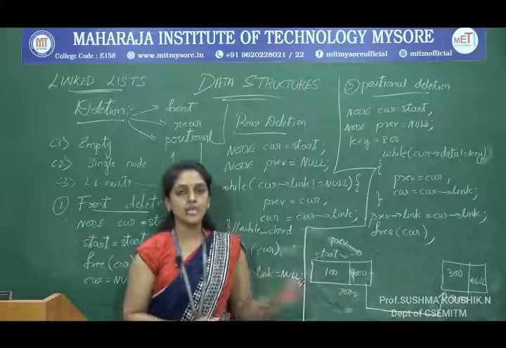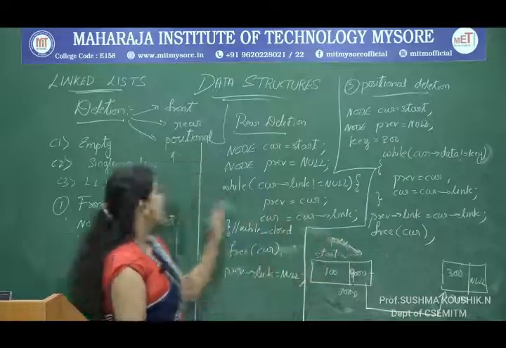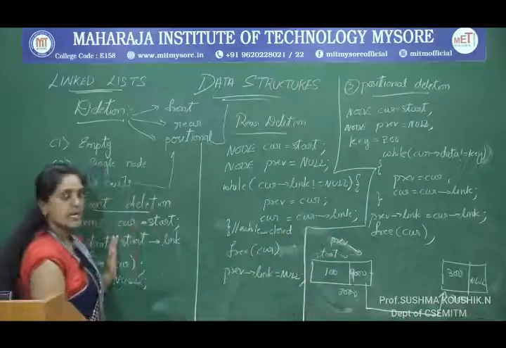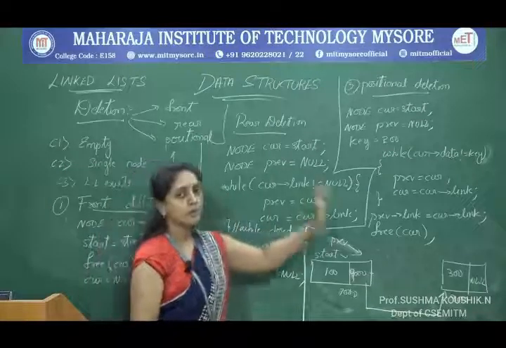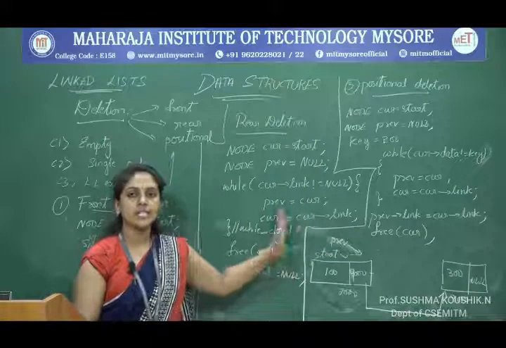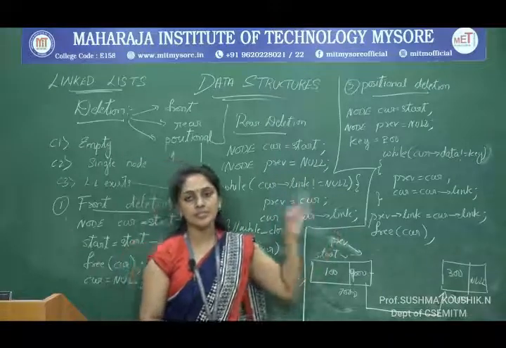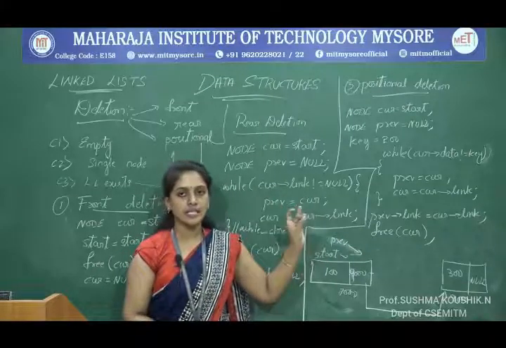Is that okay? So we have seen all the 3 different types of deletion with the singly linked list. One is the front deletion, then the rear deletion, and then the positional deletion. In all these 3 types of deletion, you have to work with 3 different cases. One is the linked list is empty, then there is nothing to delete.